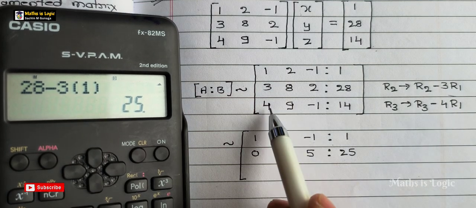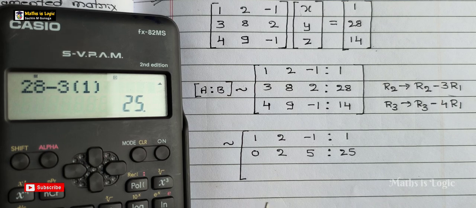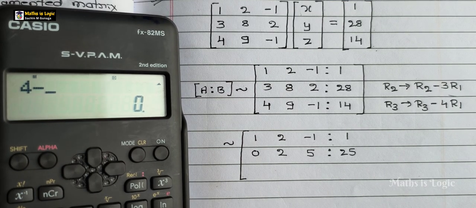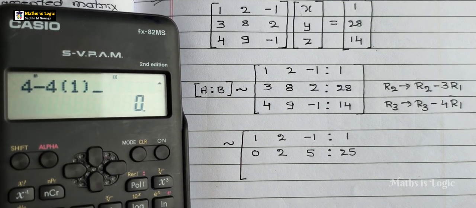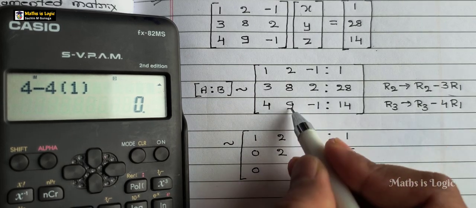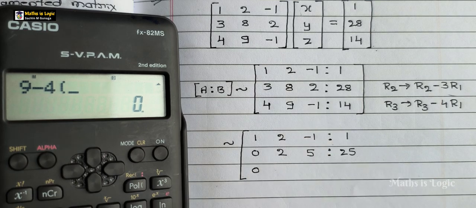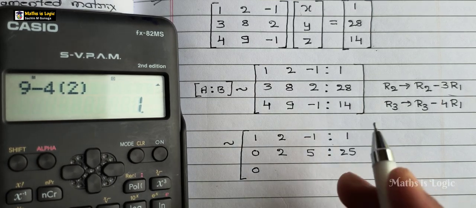First, R3: 4 minus 4 times 1, so 0. Next, 9 minus 4 times 2 is 1.